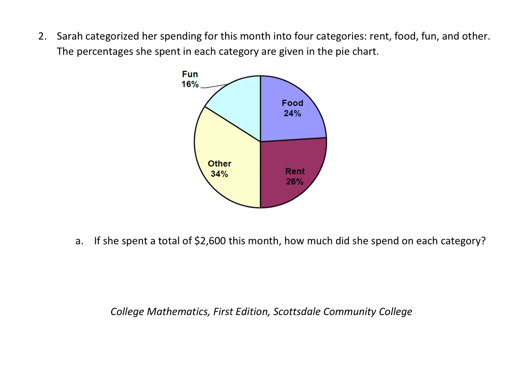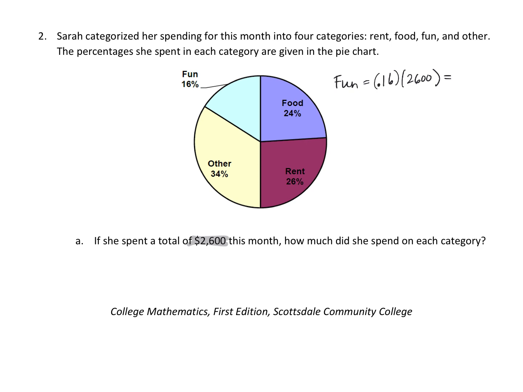If you know the total, which in this case we do, it said $2,600, we can just multiply the total times the percent of each category. So let's just label. We've got fun, that's 16%. So 16% as a decimal is 0.16, and we just multiply the total that she spent times 0.16.